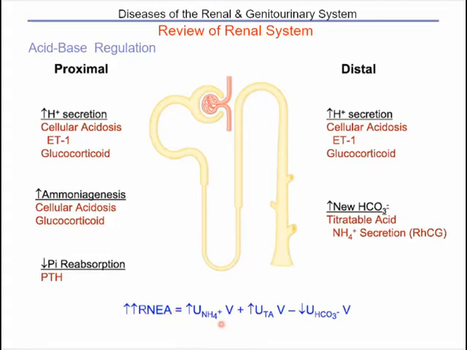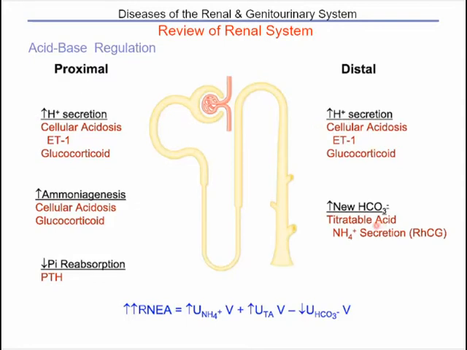So there will be increased urine elimination of ammonium ion, increased urine presence of titratable acids, and of course, because the buffers are used up, there will be decreased bicarbonate, and bicarbonate will be reabsorbed along the tubules. At the distal portion of the tubules, there is also increased secretion of hydrogen ion, by the same factors that are stimulatory in the proximal tubule.